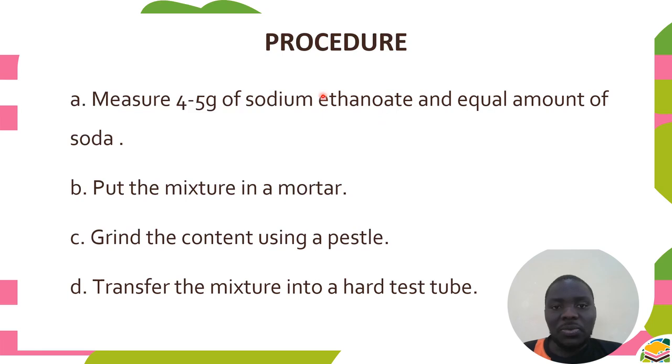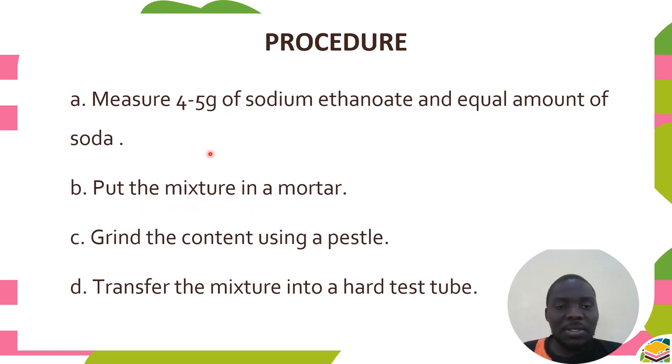Later on we will look into why we need to specify the salt depending on the alkane being prepared. You measure 4 to 5 grams of sodium ethanoate, and you also measure an equal amount of soda lime and put them in the mortar.